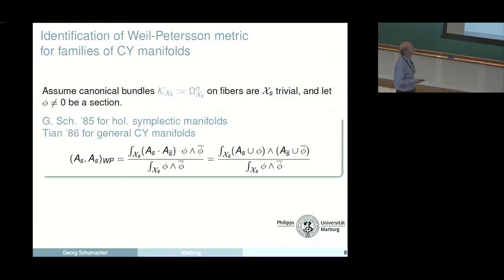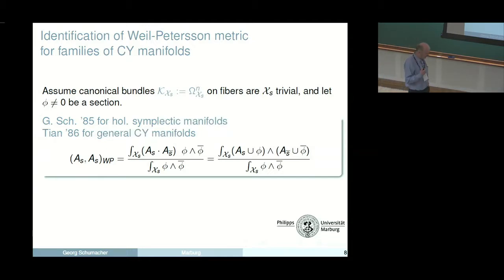And then for holomorphic symplectic manifolds in the sense of hyper-Kähler manifolds, one can do this construction. And what you see here more or less is the definition, because here is a volume form, and this is the pointwise inner product of the harmonic Kodaira-Spencer forms.